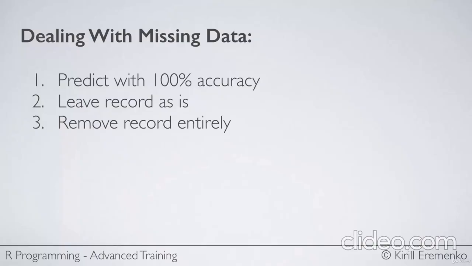Next is remove the record entirely. Sometimes you're missing some critical data, and when you cannot restore that data, the only option you might have left is to completely remove that whole row from your analysis, in order to keep your algorithms working, or to keep your approach working.